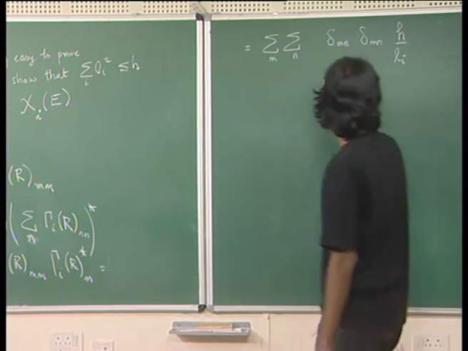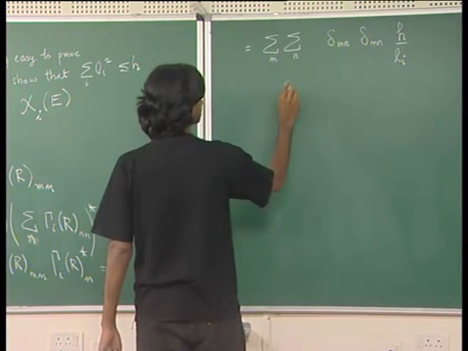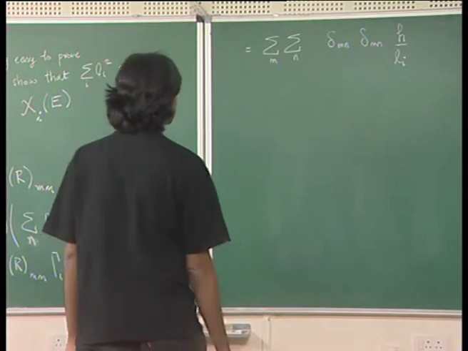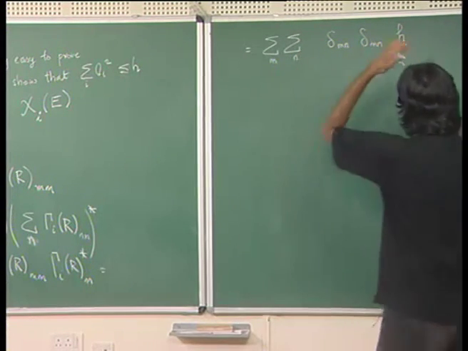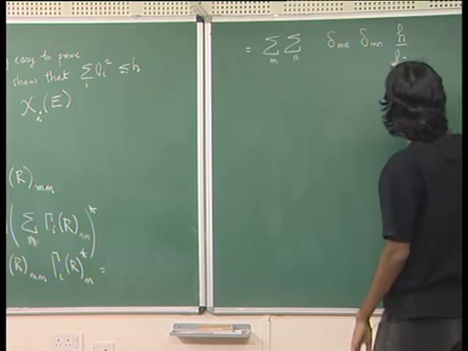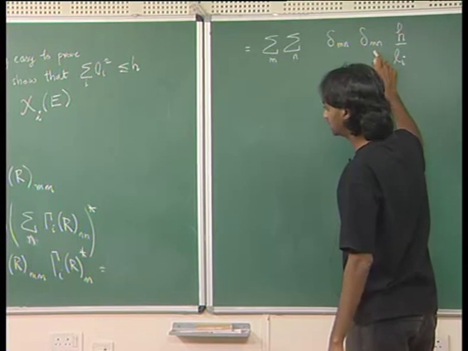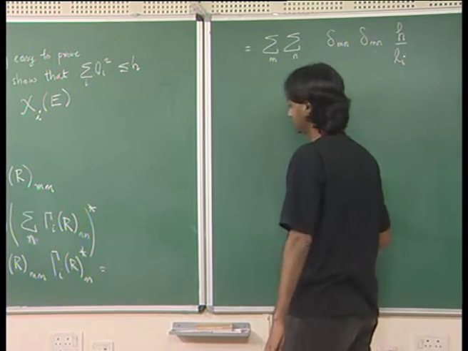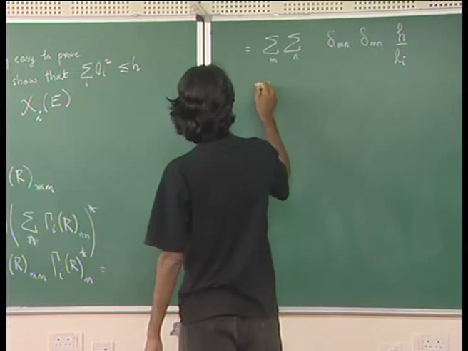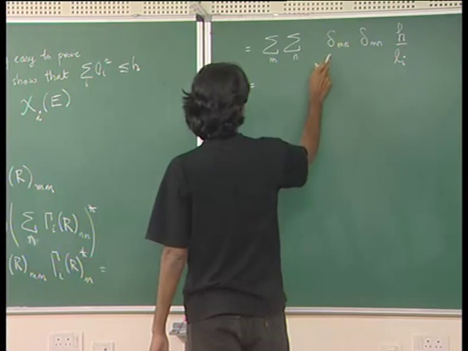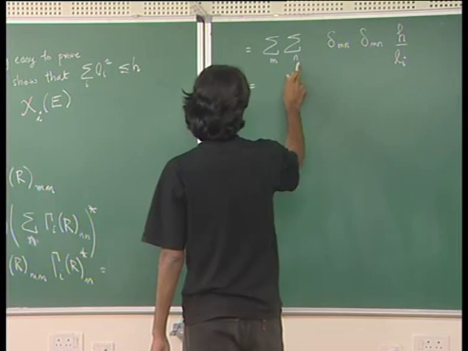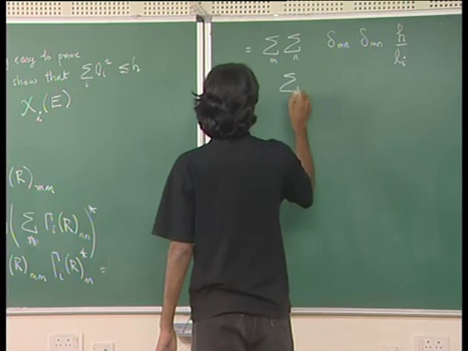Now I can write this as h by L I. I can do the sum over n, and it will just go away.